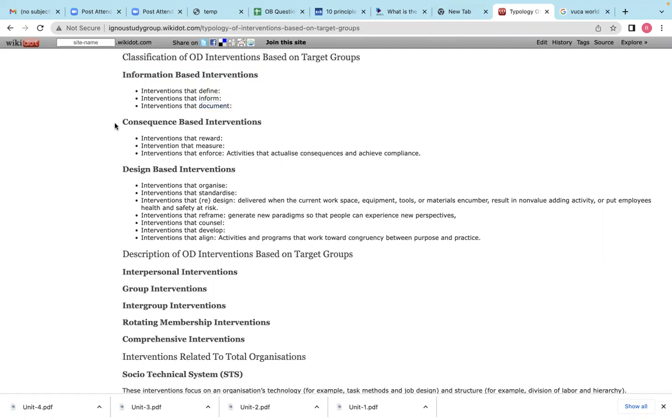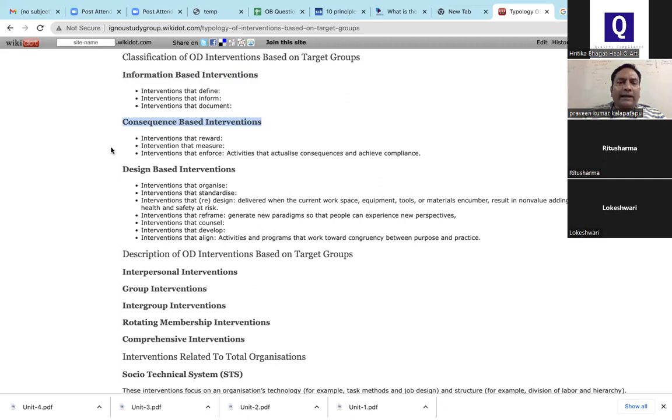The next one is consequence based intervention. These are interventions where you are meddling with the consequences of things. For example, you thought that the reward structure for doing a certain activity is not great. That is an intervention trying to meddle with the rewards, so you are meddling with the consequence of doing a particular activity.